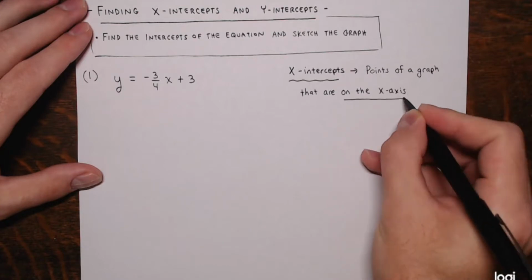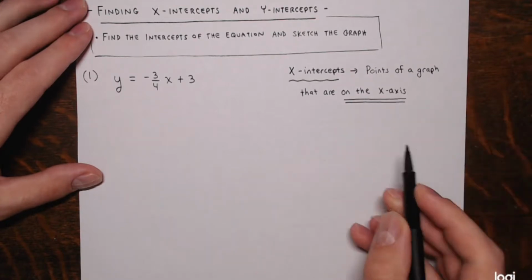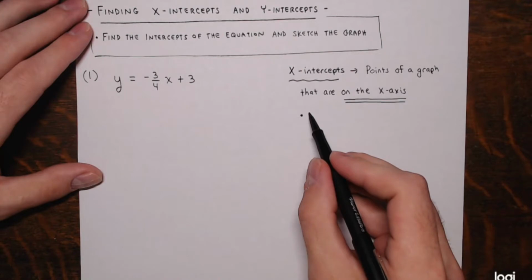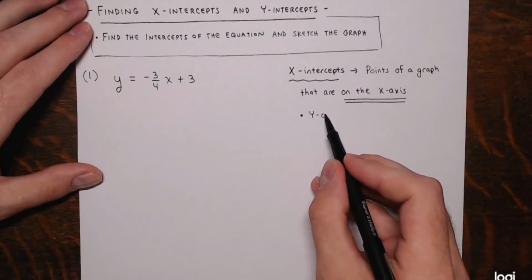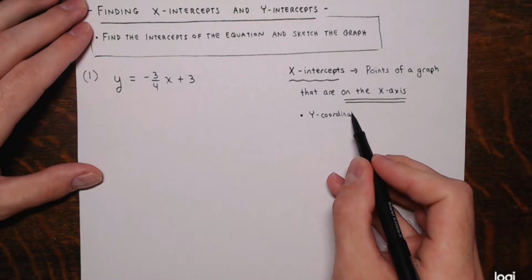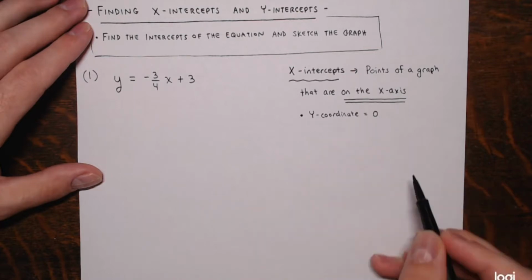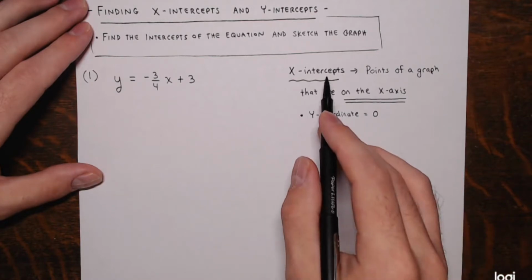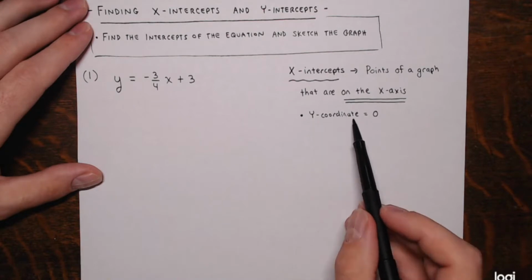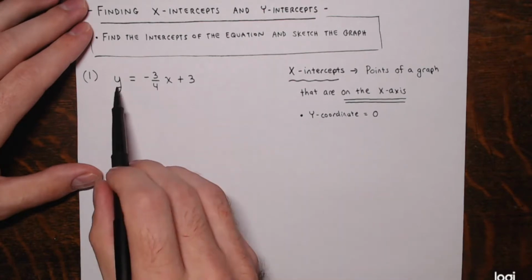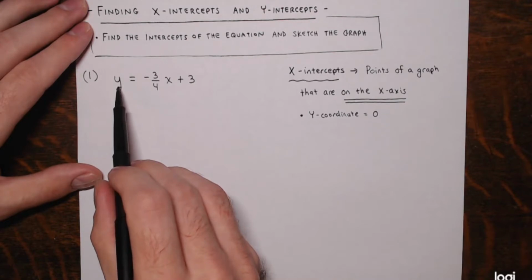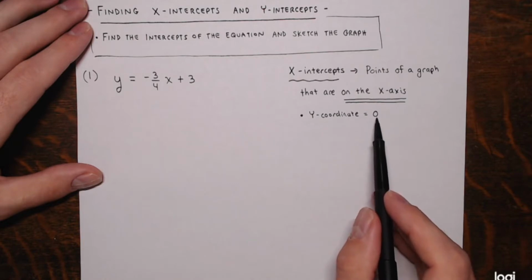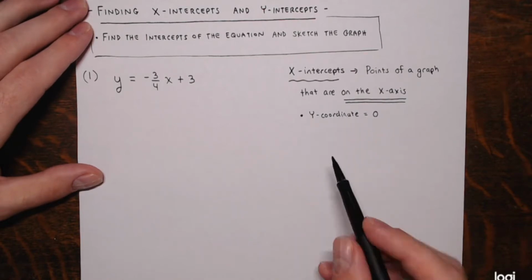And if you're a point on the x-axis, that means that your y-coordinate must be 0. Right, so that's how we're going to find x-intercepts. We're going to let the y-coordinate be 0. Right, so replace y with 0 in any equation we're given with x and y. Replace y with 0 and solve for x. That's how we're going to find x-intercepts.